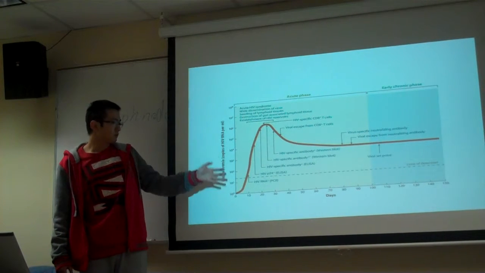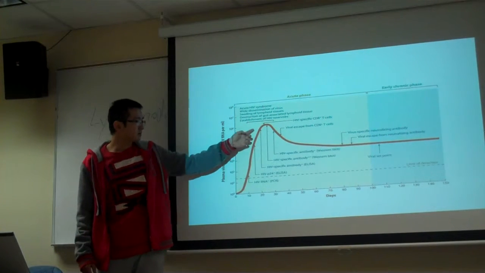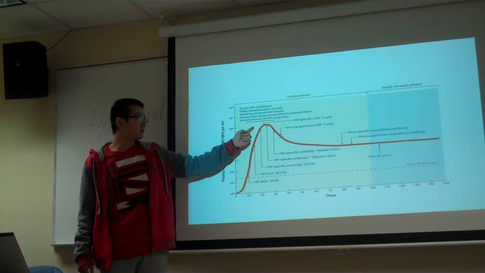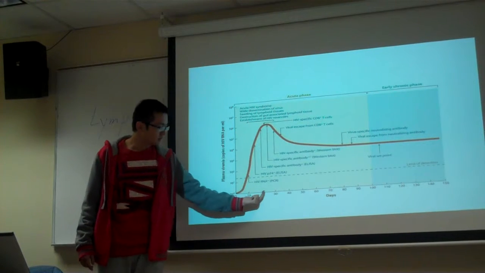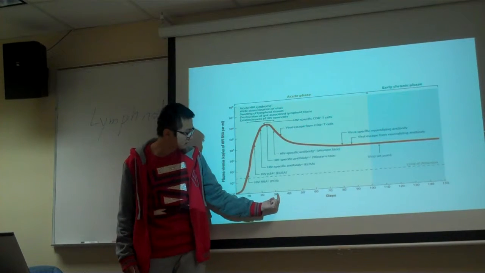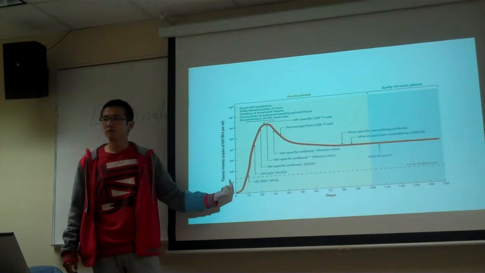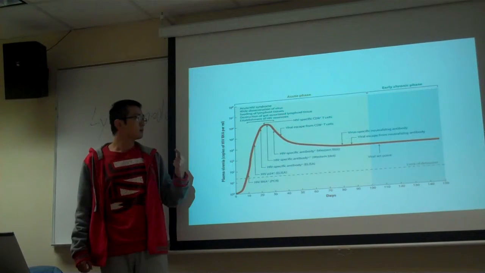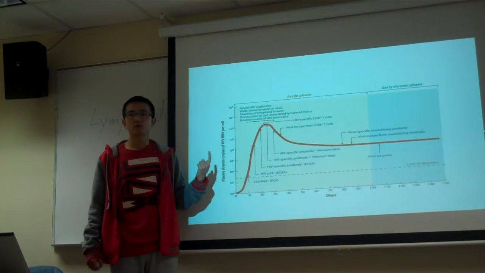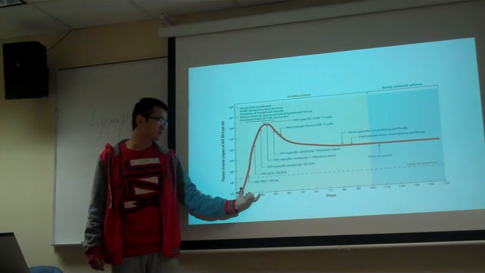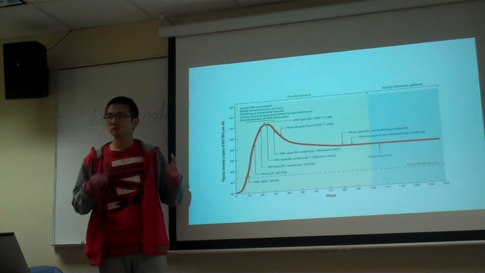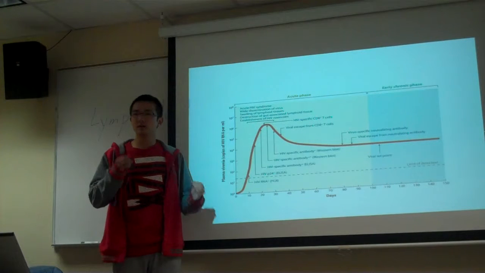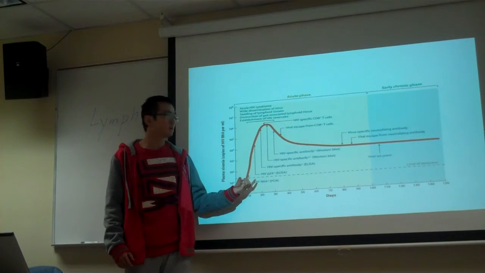You can see the amount of RNA goes up in the first maybe 30 days. Our immune system won't work during this time. It needs time to generate the antibody to HIV.